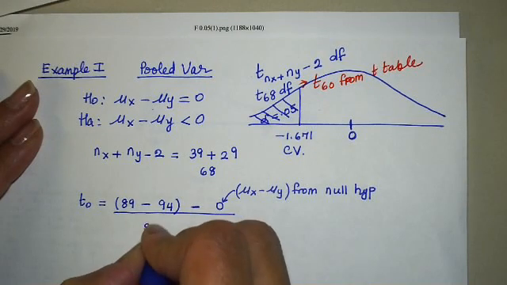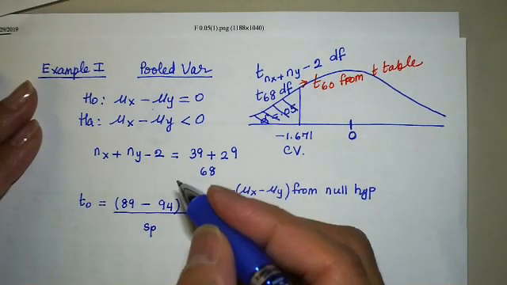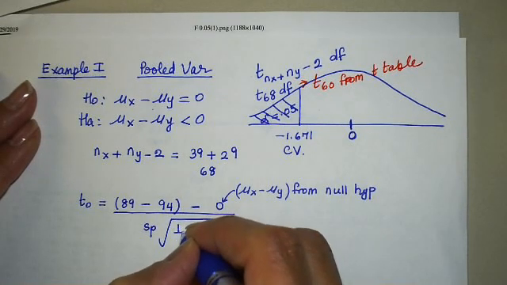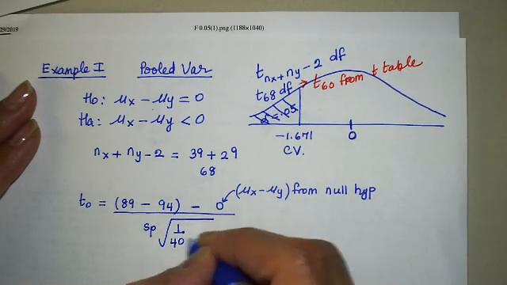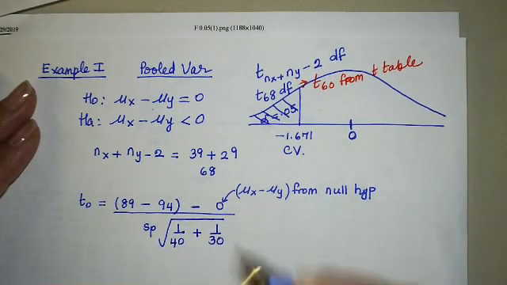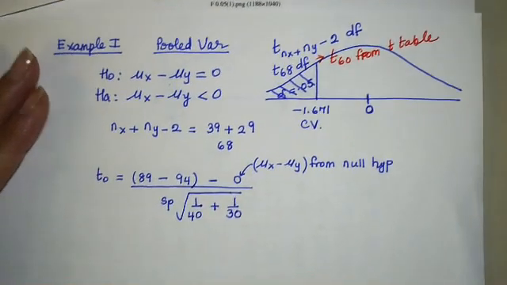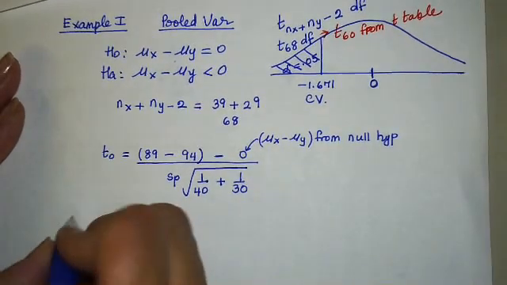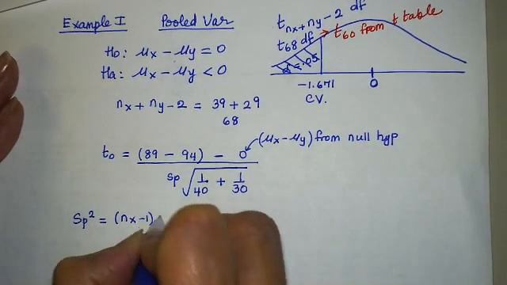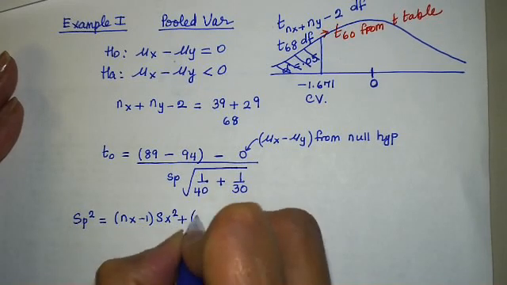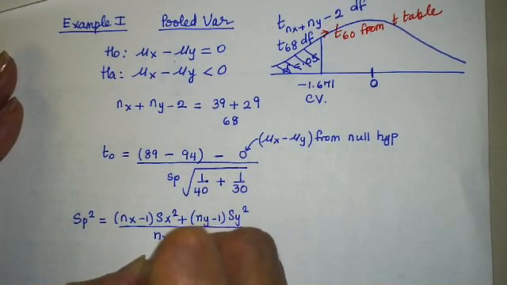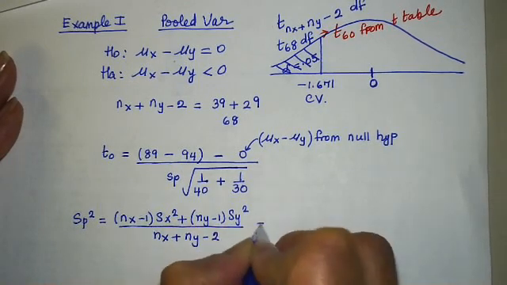So this would be 0. This is mu X minus mu Y from the null hypothesis, divided by SP. I don't know what that is yet. I'll go find it in a minute. Radical 1 over nx. That would be 1 over 40 plus 1 over ny. I see that I can't finish this until I find SP.